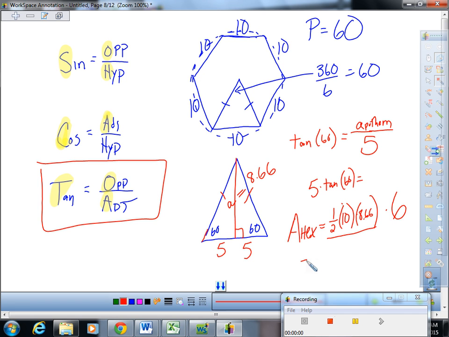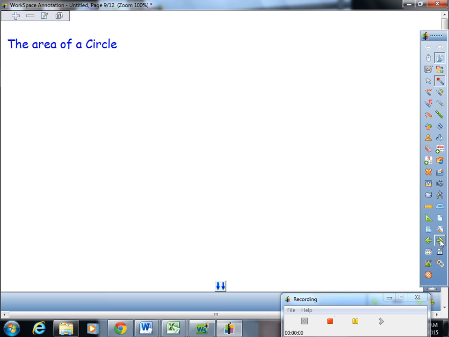And you end up getting 259.8. Finally, area of a circle is pi times radius squared.